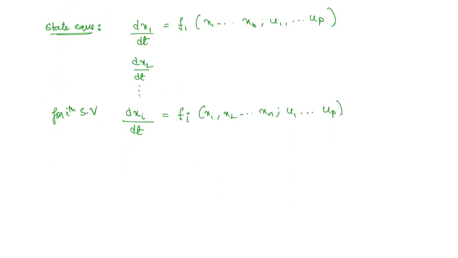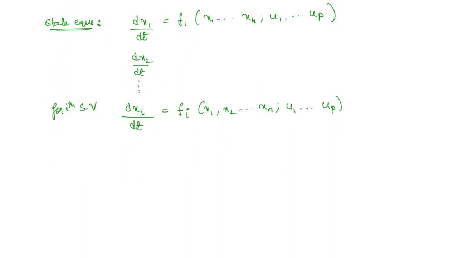Now, just like the state equations, another set of equations that you have is the output equations. That means the outputs y1, y2 and so on till yq. We have taken q number of outputs, right? These will also be some function of the state variables as well as the inputs. If, for example, y1 is not depending on xn, then xn will not appear in this function.